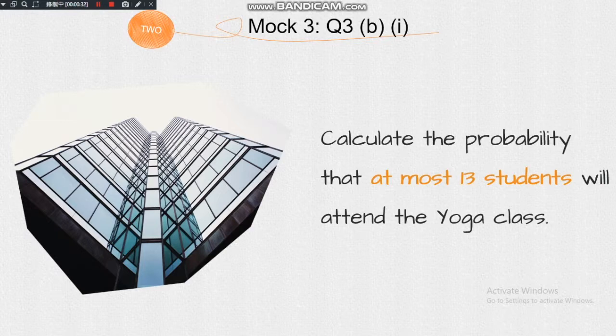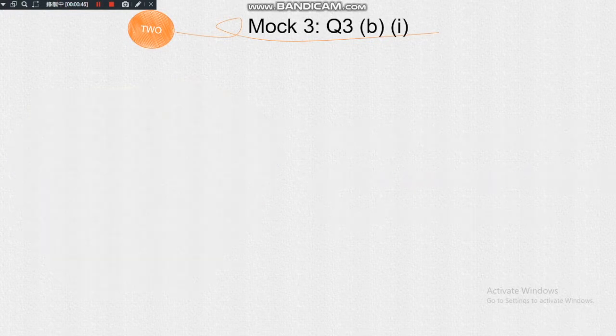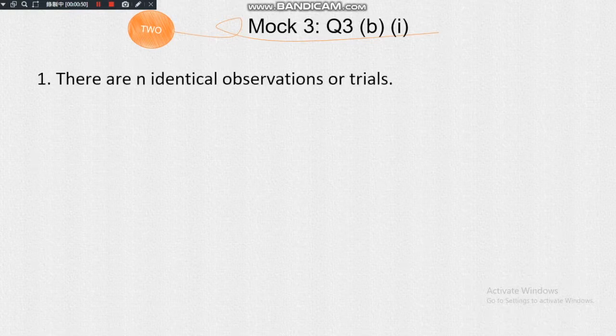First, we have to identify which distribution this question belongs to. We can see that this is a binomial experiment, as it fulfills the 4 properties of a binomial experiment. The first condition is that there should be n identical observations or trials. In this case, there are 15 registered students.